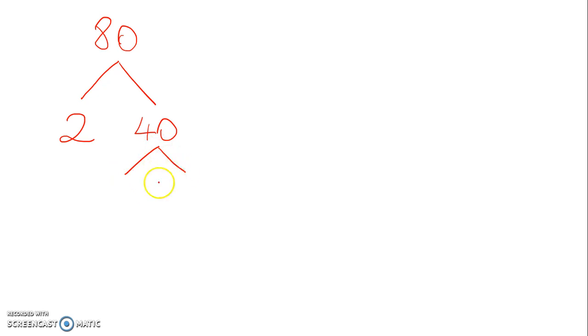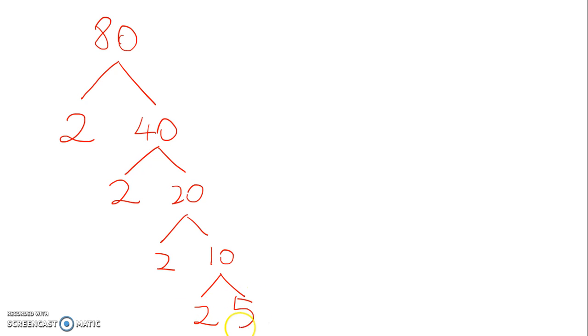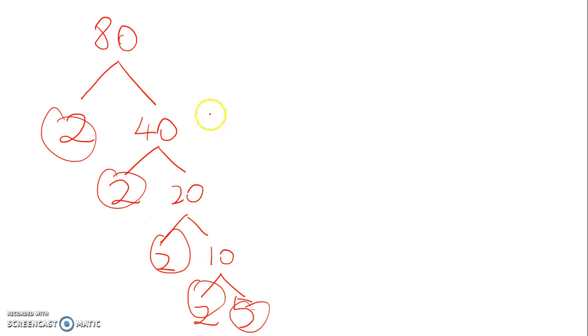And 40, hence, divided by 2 would be 2 times 20. 20 would be 2 times 10. And lastly, 10 would be 2 times 5. Now, in a way, I would say the initial division makes it a little bit harder. Other than that, maybe this is a method that someone will prefer.